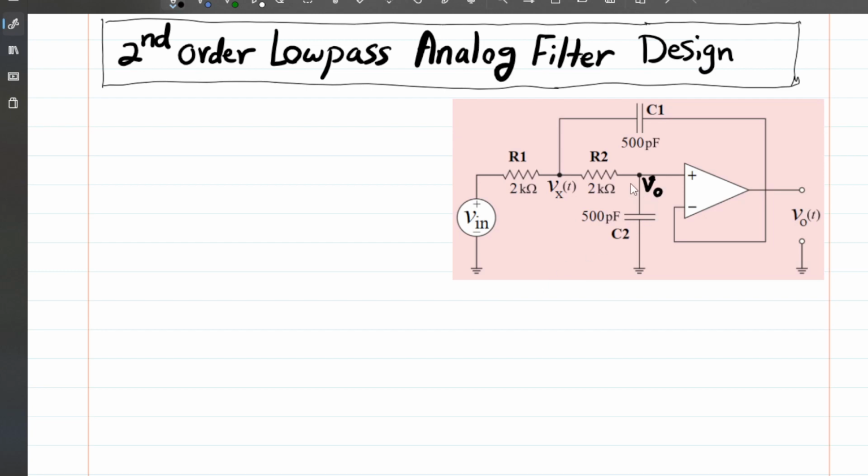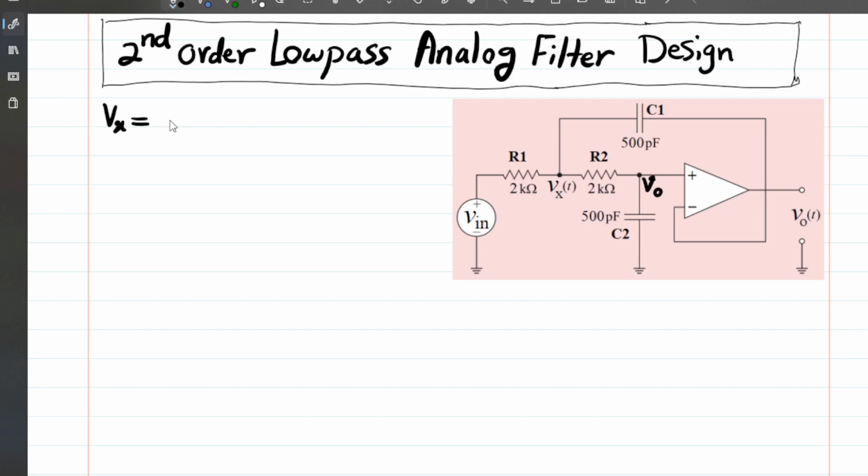Now, for the voltage Vx shown at this unknown node, there is just a voltage division between Vx and Vout as a function of the impedances, R2 and 1 over C2s. Again, these are functions of s, or Laplace transforms, so we are using s-domain impedance voltage division.